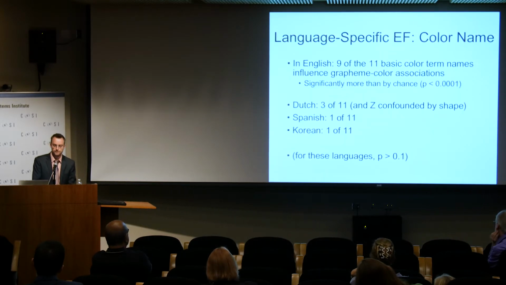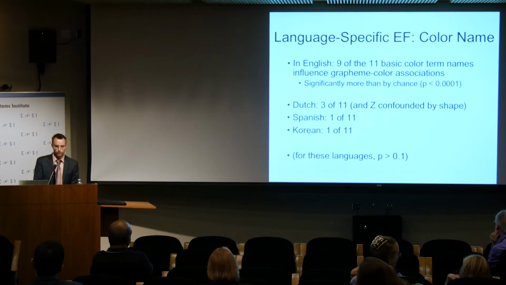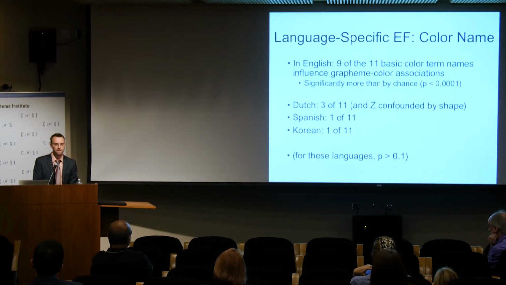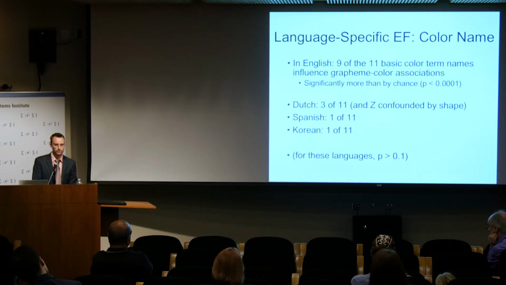On the other hand, when you look through all of the different associations in different languages and you ask whether or not color name can affect associations, what you find is in English, they basically all do. In English, the color name explanatory factor is great at predicting colors.